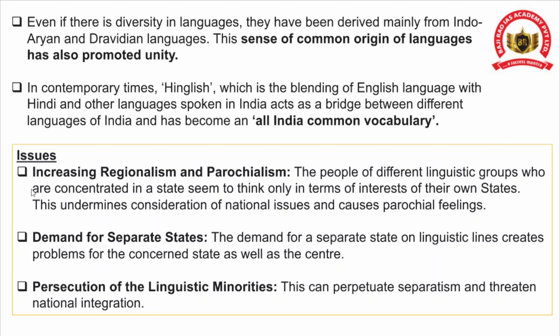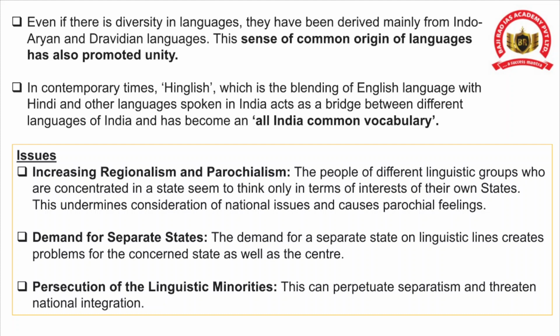So therefore, over a period of time, it leads to increasing regionalism and parochial attitudes, because the people of different linguistic groups who are concentrated in a country like India used to think of everything from their own interest.